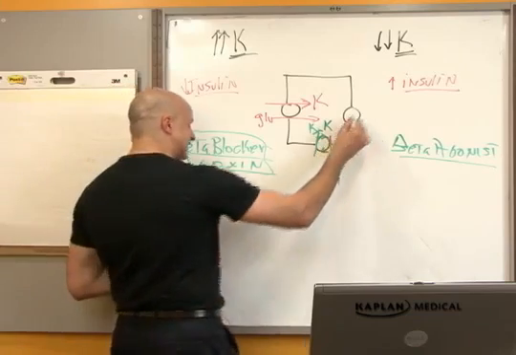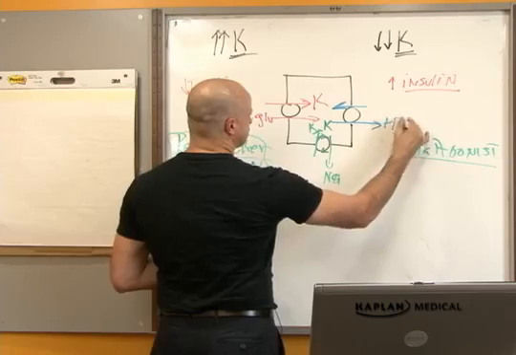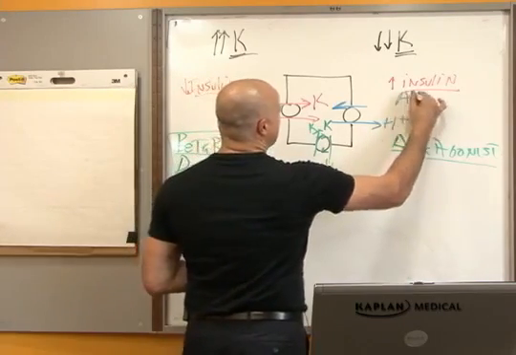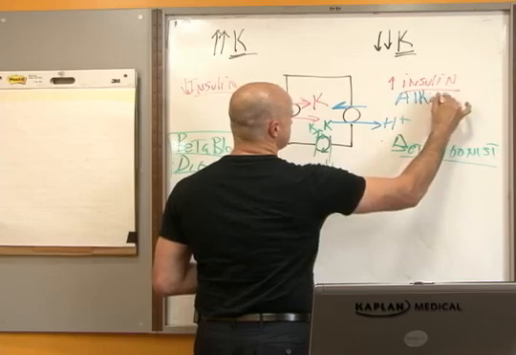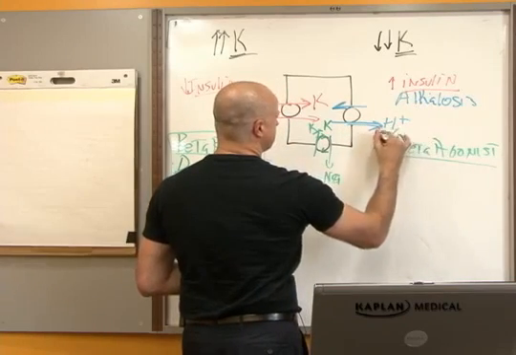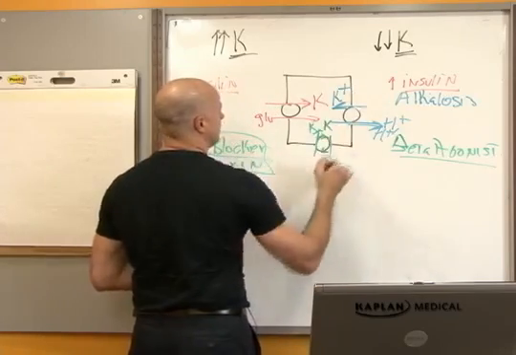The answer is acid-base. If you have an alkalosis, hydrogen ions come out of the cell and potassium will go in.